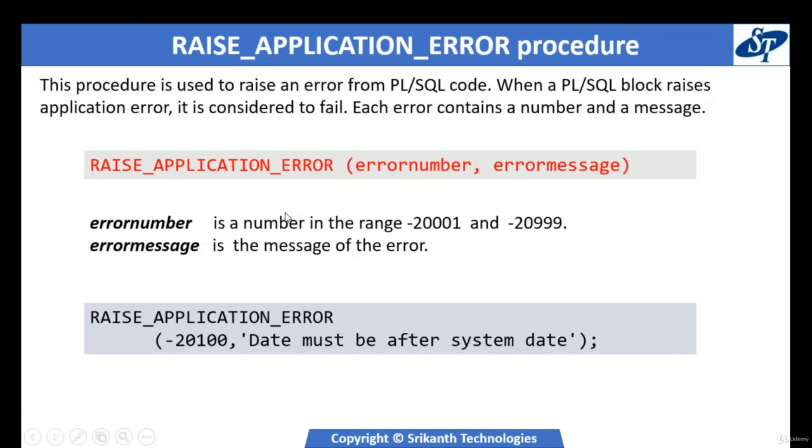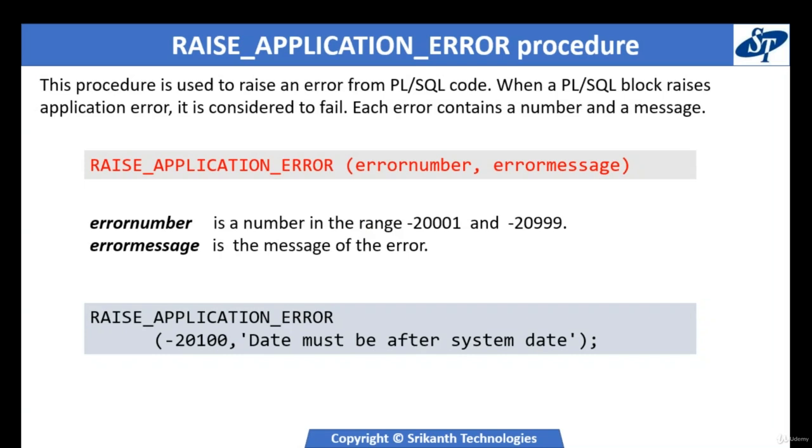And then in some cases, you may want your program to be explicitly terminated abruptly. So I want to raise an error and stop my program. I don't need to create any exception or raise an exception. I can use something called raise_application_error.